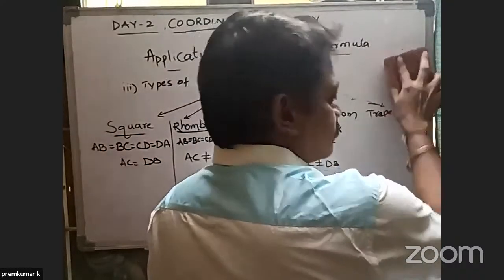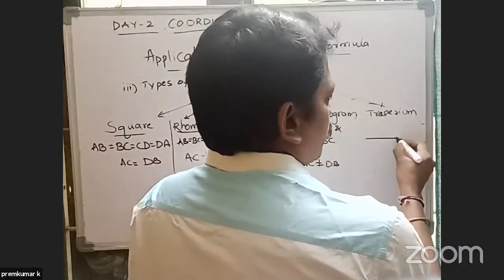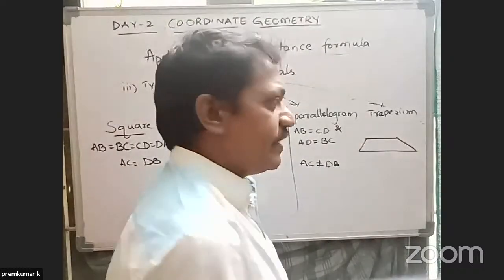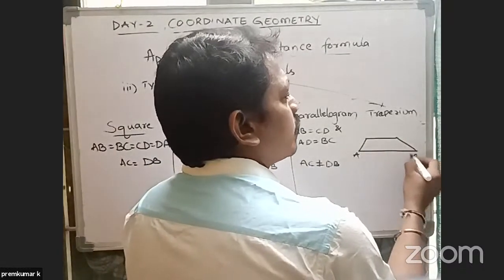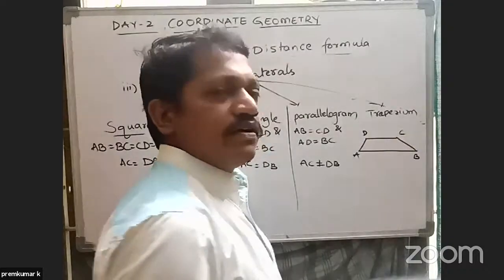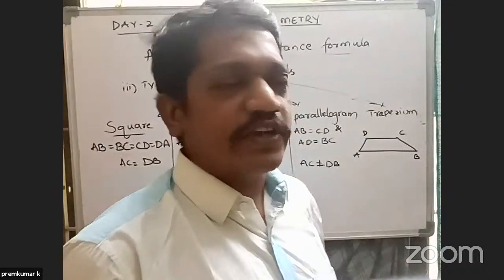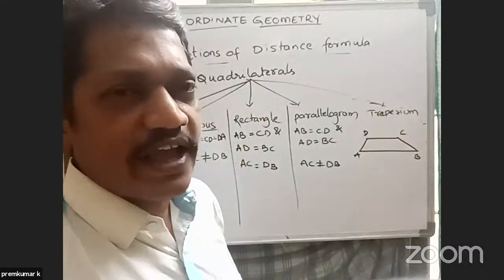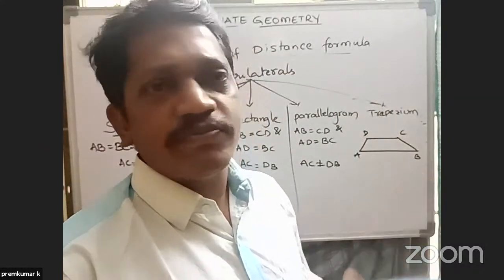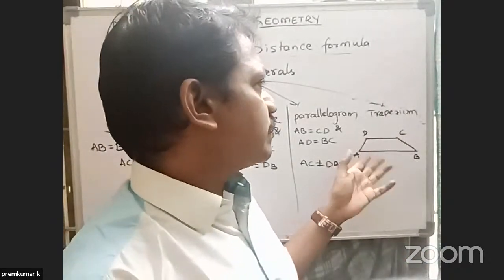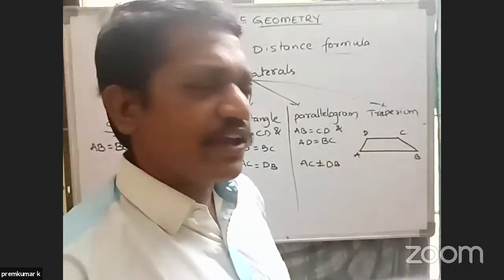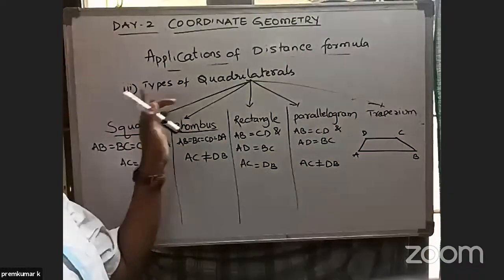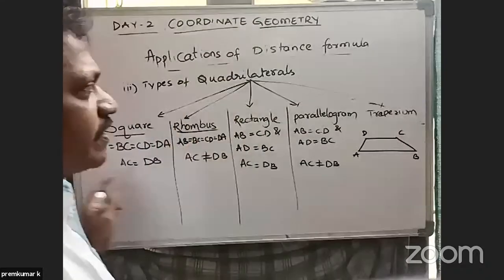That means only one pair of opposite sides is parallel. Here, no sides are equal. In the trapezium, we do not get problems in the examinations either. Okay, this is about types of quadrilaterals.